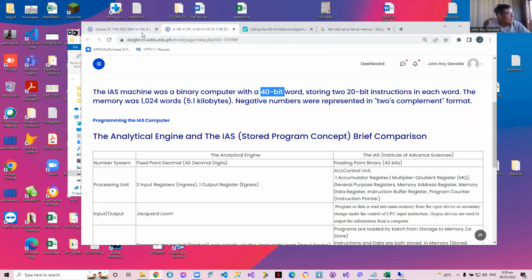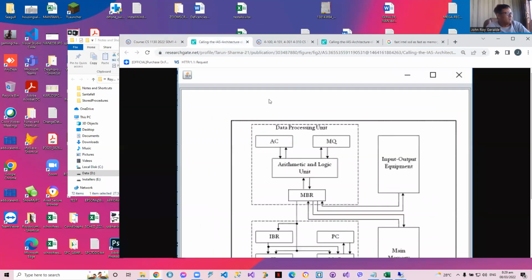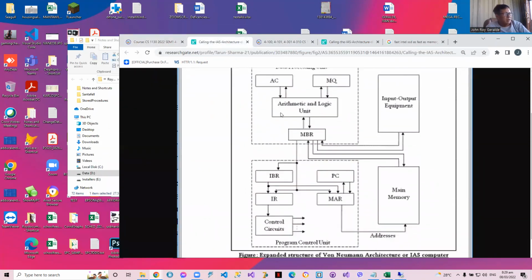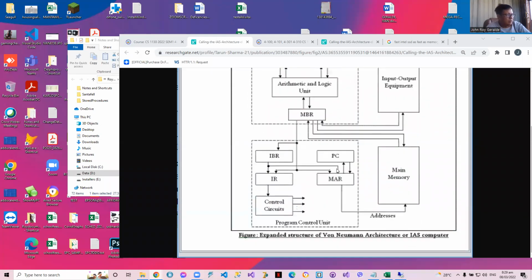So let's look at the structure of the IAS computer. This is important because this structure is still being followed nowadays. You have two main components: the arithmetic logic unit and the program control unit or control unit. The arithmetic logic unit does the multiplication, addition, and so on and so forth.